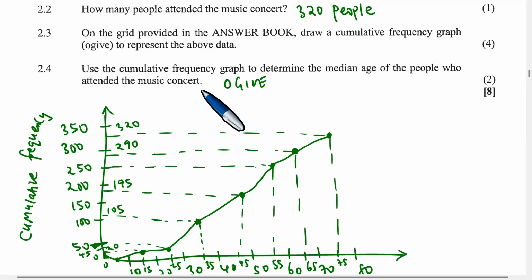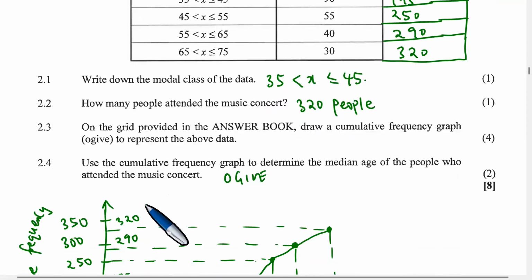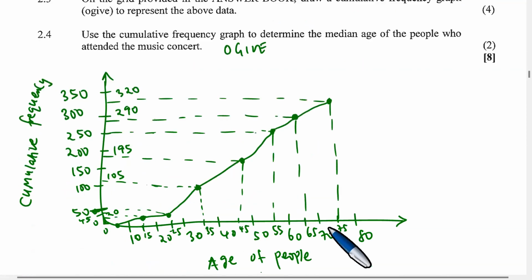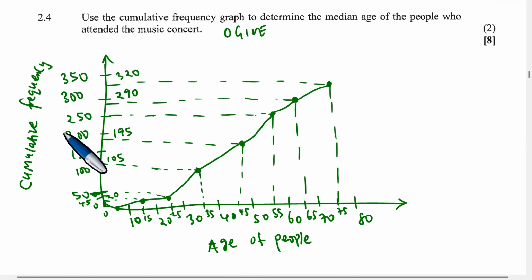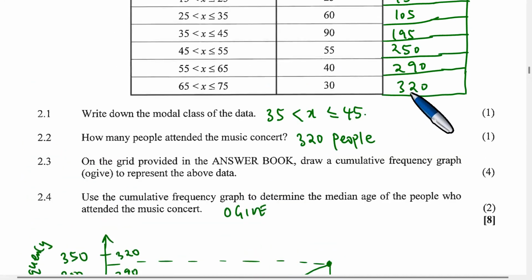Let's analyze this at 50%. They're saying you need to use a cumulative frequency graph to determine the median age. So we want to find the median age. If you look at 50%, which is just about half of the total, 320, which is like 160.